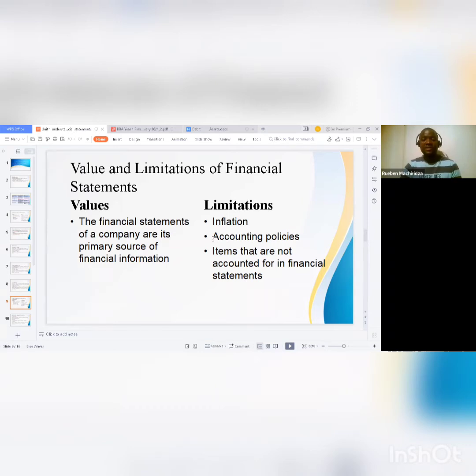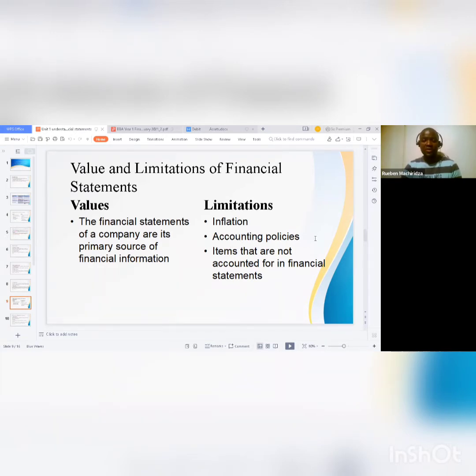Then the other limitation that we have is the accounting policies. Of course, we have the GAAP, the generally accepted accounting principles. Those principles are expected to be followed by each and everyone who is performing accounting functions. But each and every organization has specific policies that suit that certain organization. Those policies differ from one organization to the other, and those policies affect the financial statements significantly.